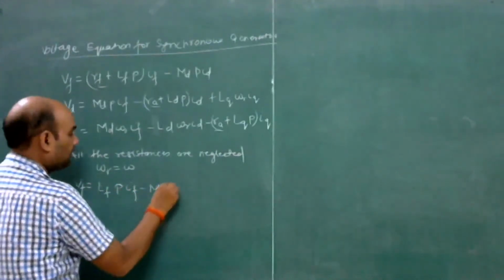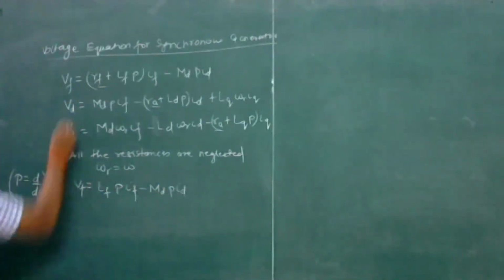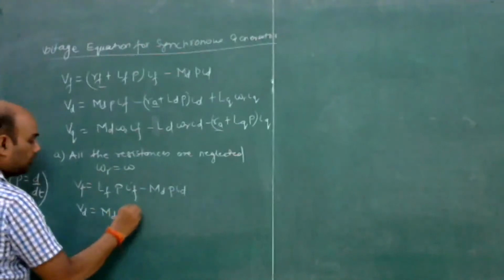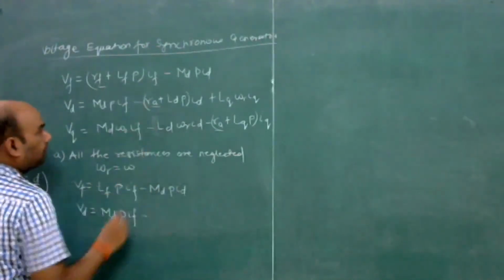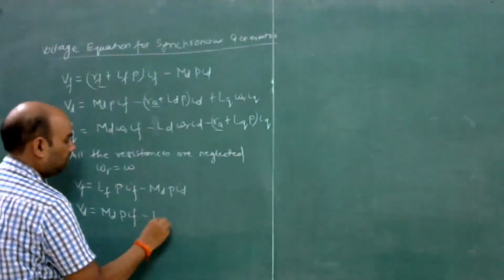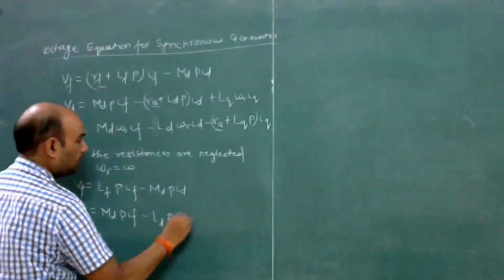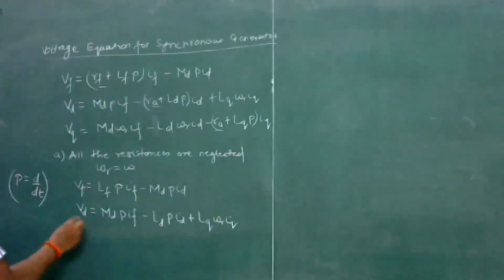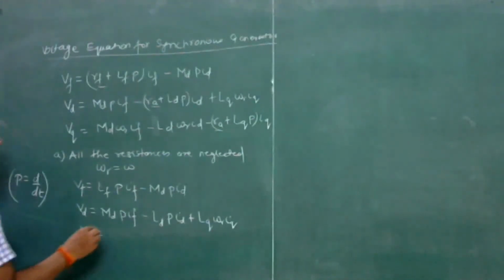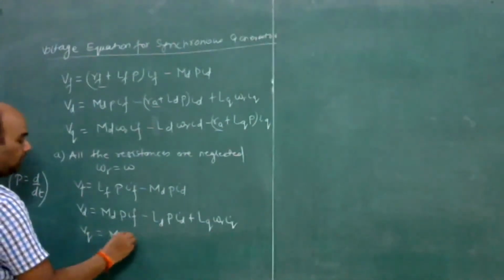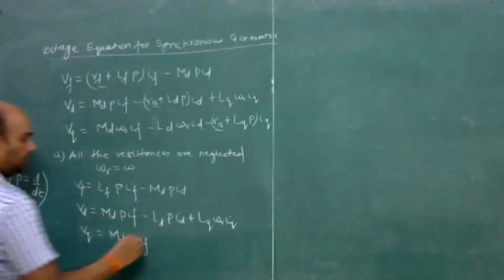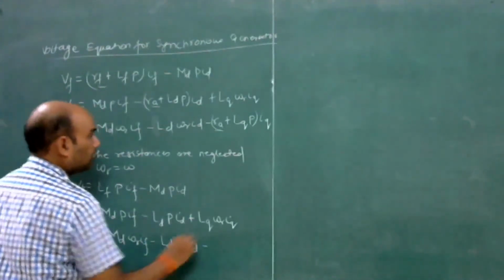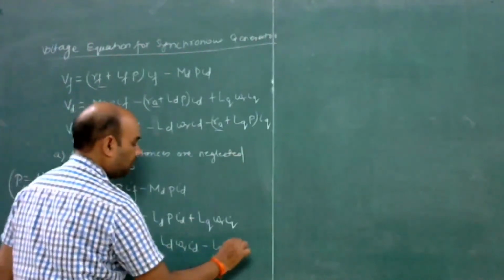Vd is equal to Md P If minus Ld P id plus Lq omega r iq, and Vq is equal to Md omega r If minus Ld omega r id minus Lq P iq.